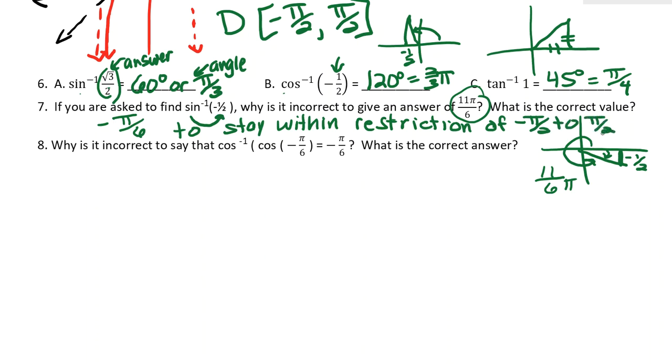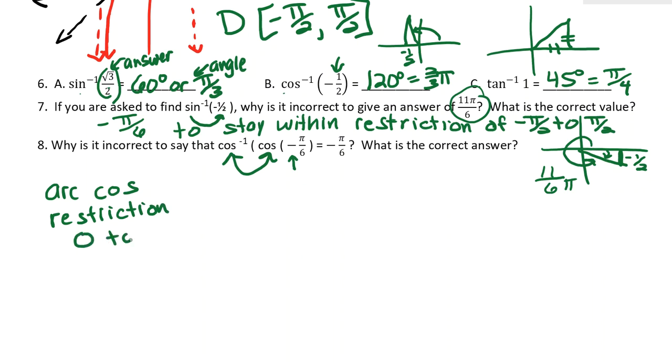All right, and then what if you were asked to do the inverse cosine of a cosine? Well, mathematically, I hope you would say, doesn't doing an inverse undo a cosine? But the problem here is this negative pi over 6. Remember that arc cosine had a restriction from 0 to pi. It will take a while to get used to this, but start working on memorizing.